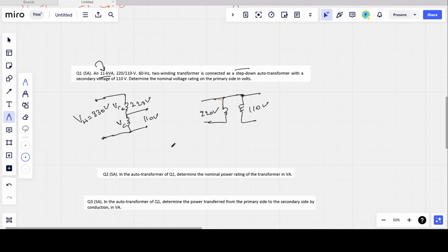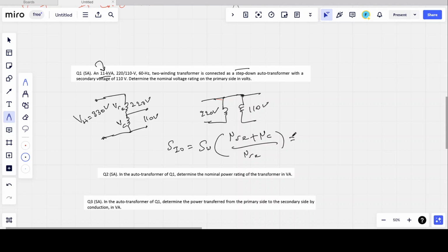We have seen that S input output is equal to S winding times NSE plus NC divided by NSE.